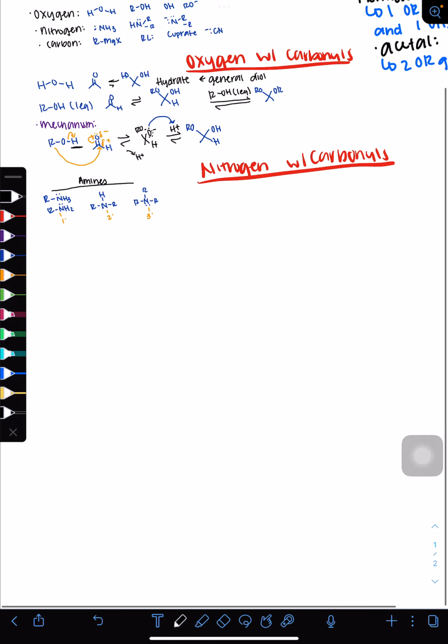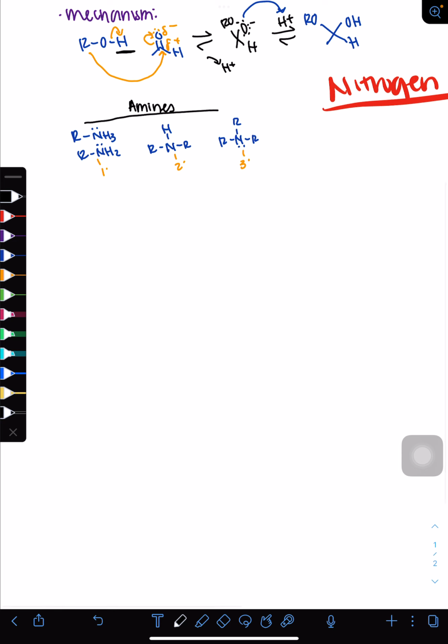I'm going to show you what an amine reaction with carbonyls looks like. So if we were to get our NH2, this is a primary reaction. That plus this group here, water will leave.